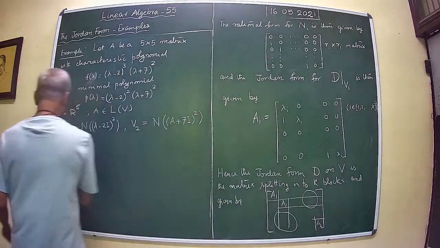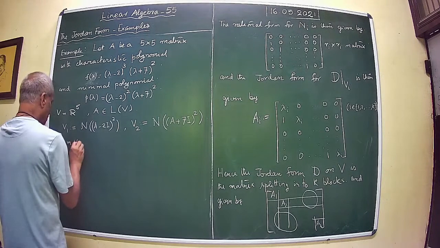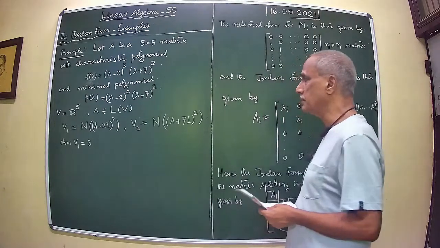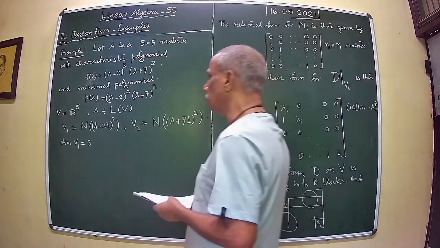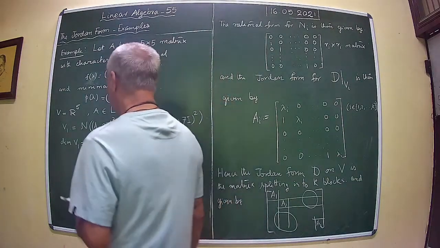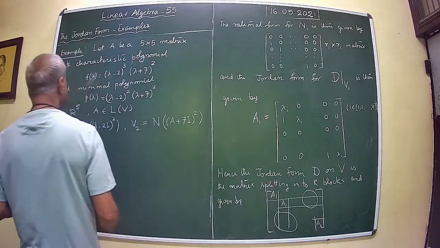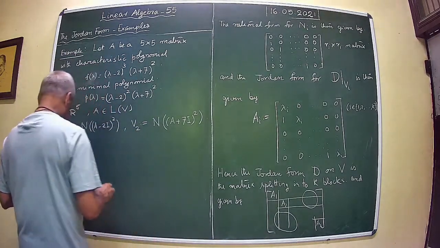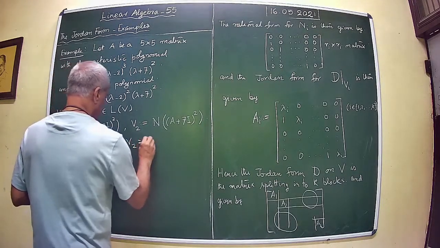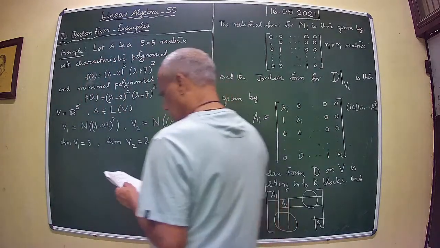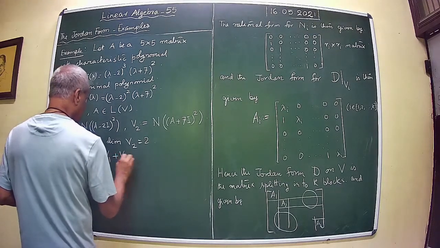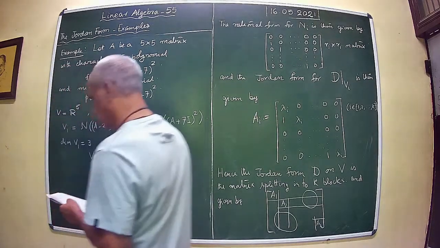Dimension of V1 equal to 3, which is the algebraic multiplicity of 2 in the characteristic polynomial, and we have V equal to V1 plus V2.